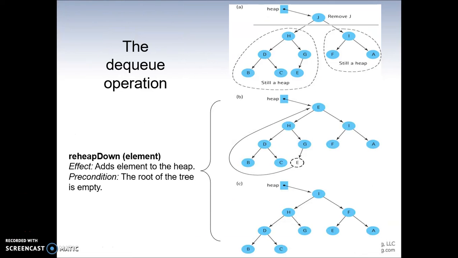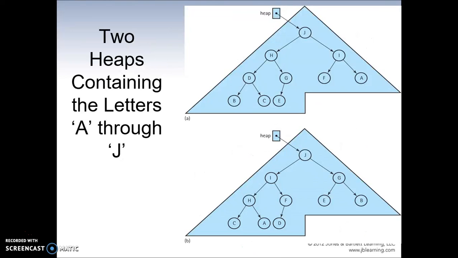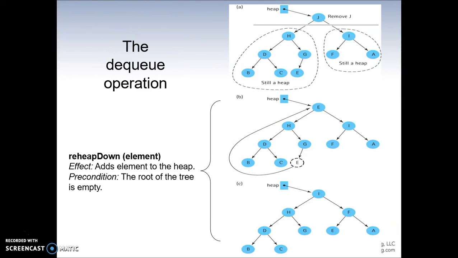Now let's look at the DQ operations. Like I said, this is a priority queue. When you dequeue, the one that has the highest priority goes out first, which is J. J has the highest value, which is the highest priority, right?